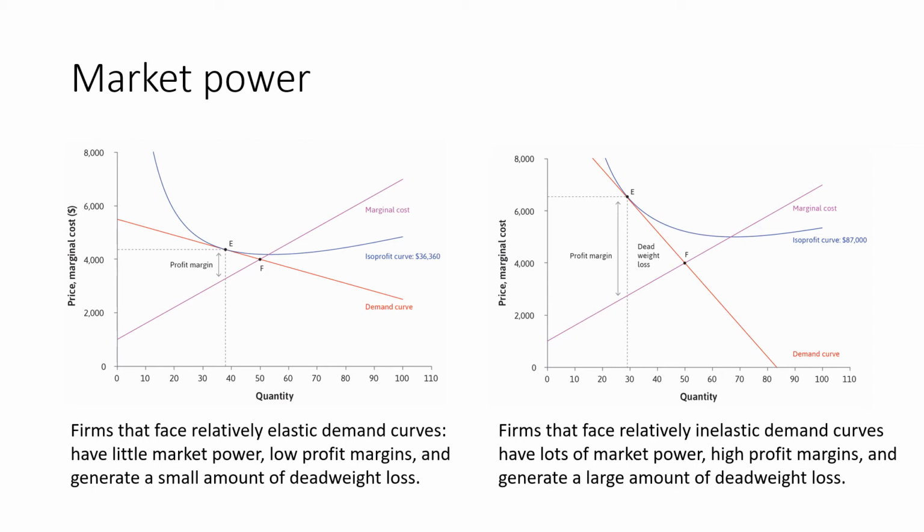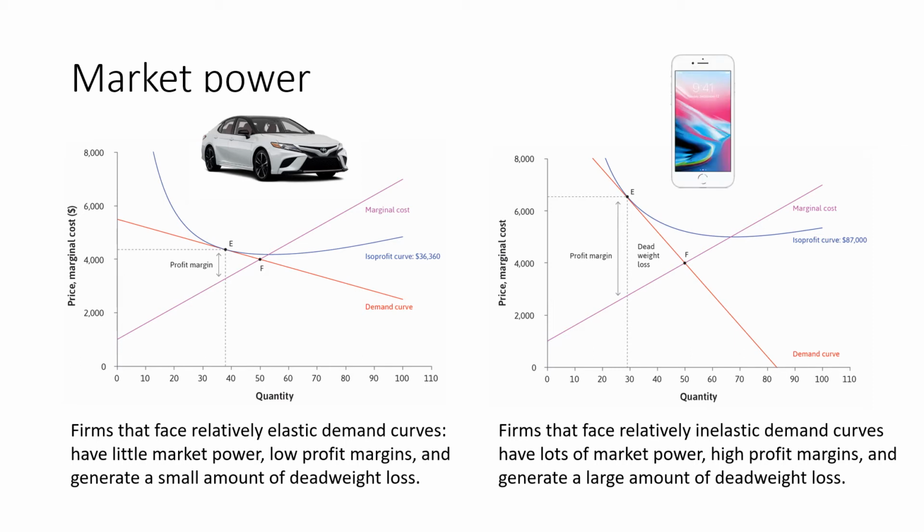When it's flatter, we have little market power, low profit margin, and a small amount of deadweight loss. When the firms have steeper demand curves, they're going to have lots of market power, a larger amount of deadweight loss, and higher profit margins. And then here we can give automobile and cell phone for this example.